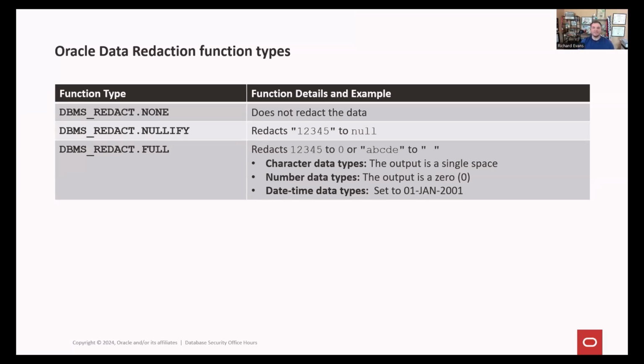You could change that. But it's going to give you that ability with full to redact it to the appropriate data type. Nullify says, okay, I just want to redact it to null. I don't really care. I'm not processing that data type on the remote end where I'm looking for a specific number, varchar, date, time, anything like that, okay? And then date time, when you do a full redaction, is going to redact it to January 1st, 2001.